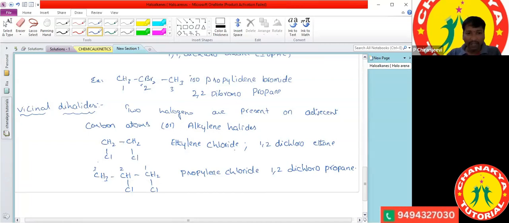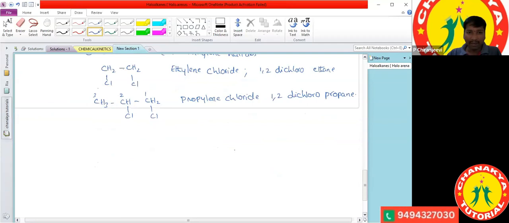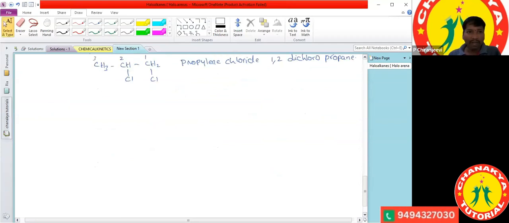Next, terminal dihalides. What are terminal dihalides? If two halogens are present on the terminal carbon atoms, it is called a terminal dihalide.